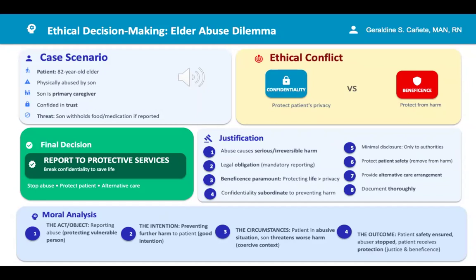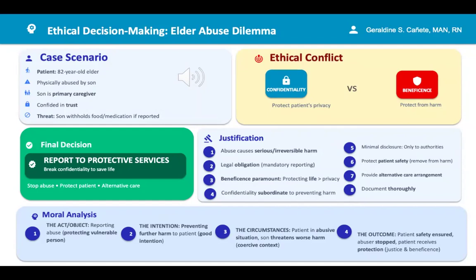Now, let's explore the ethical principles. From a confidentiality perspective, of course, you have a duty to protect the patient's privacy and to keep their information private, especially their personal information.